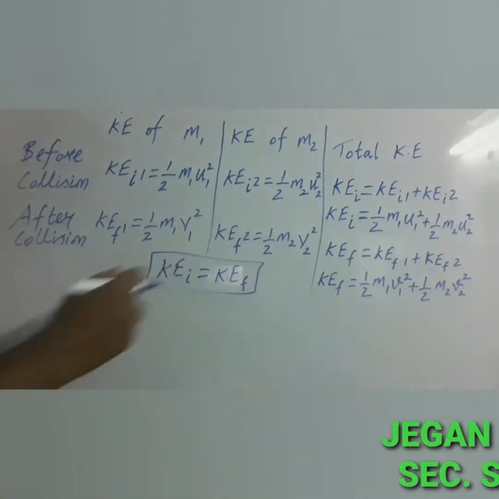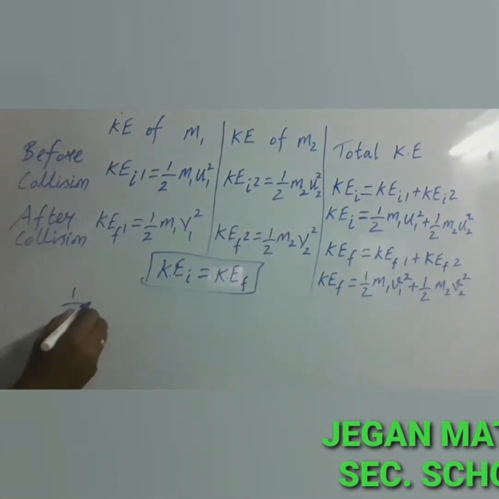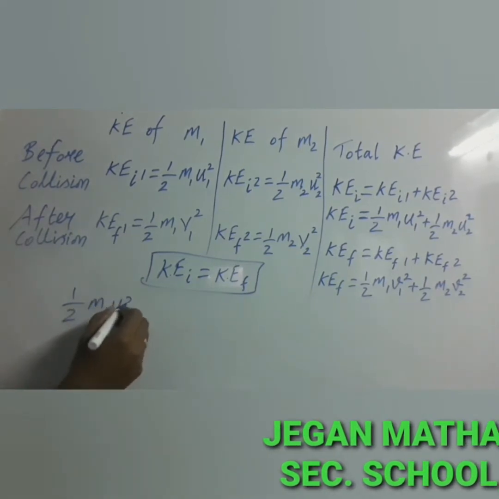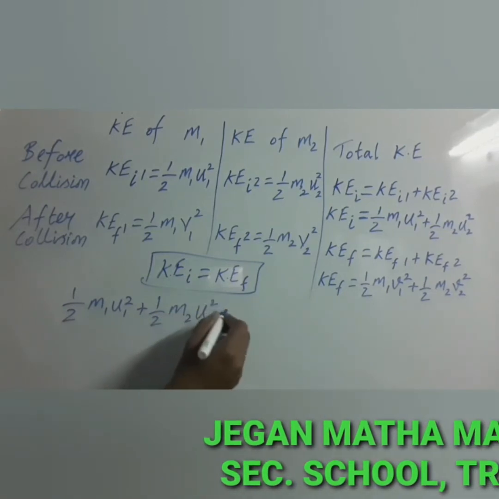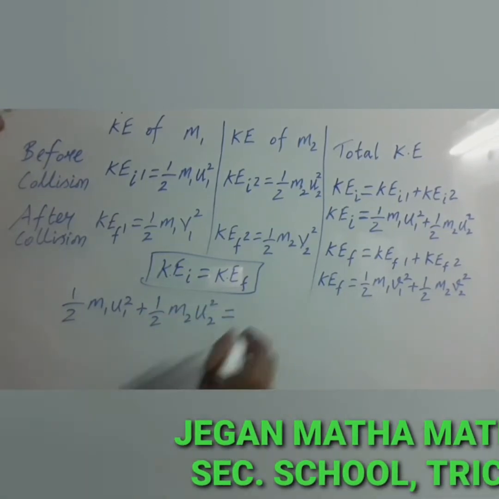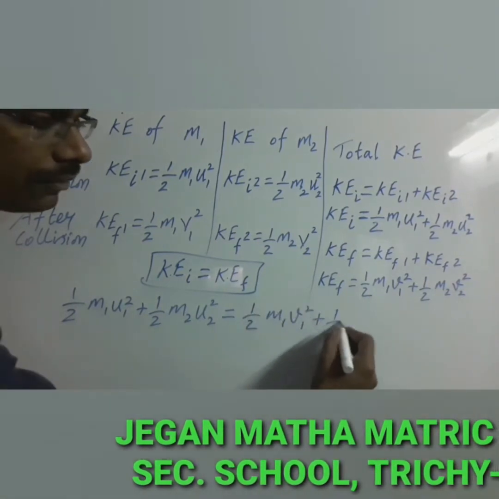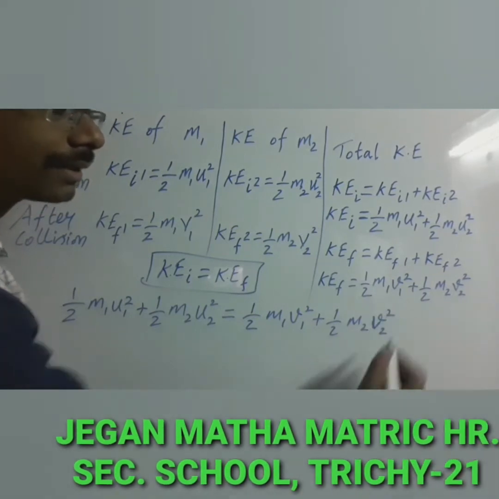Now we can substitute the values. What is the total kinetic energy before collision? Half m1 u1 square plus half m2 u2 square, that is equal to half m1 v1 square plus half m2 v2 square.